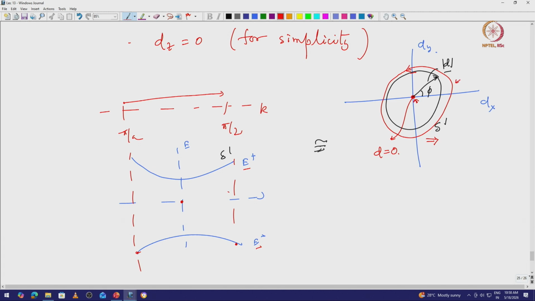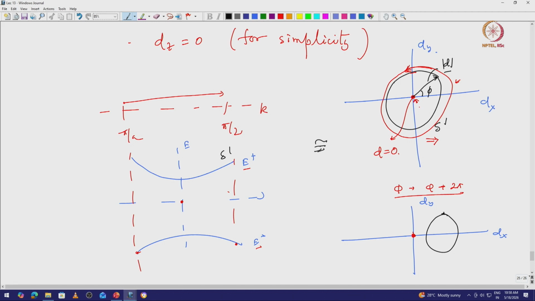This loop cannot be contracted to 0 because it encircles this point, and your phi will change to phi plus 2 pi as you encircle this. We encircle a 2 pi point, versus a situation in which the circle it encloses is somewhere here instead of here.